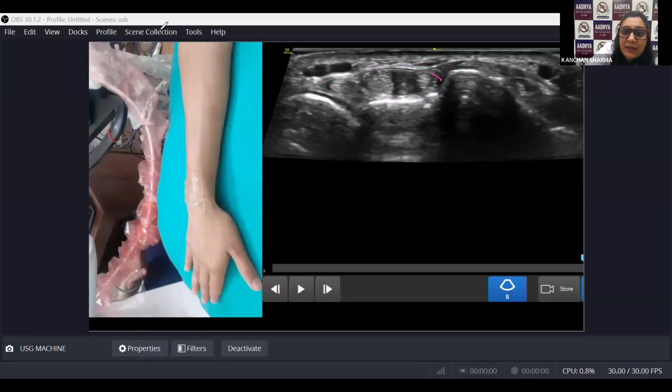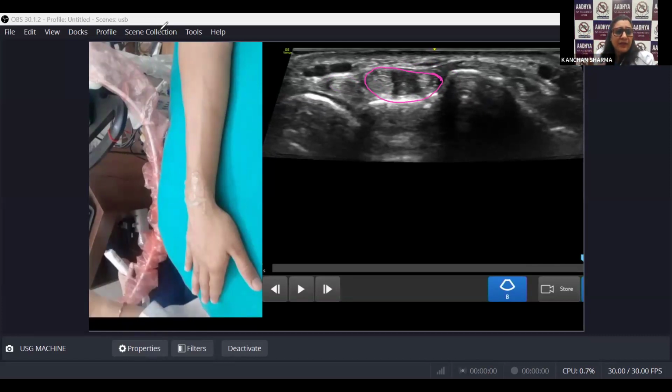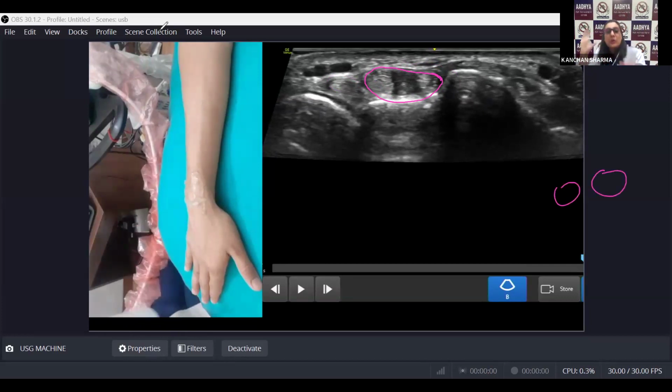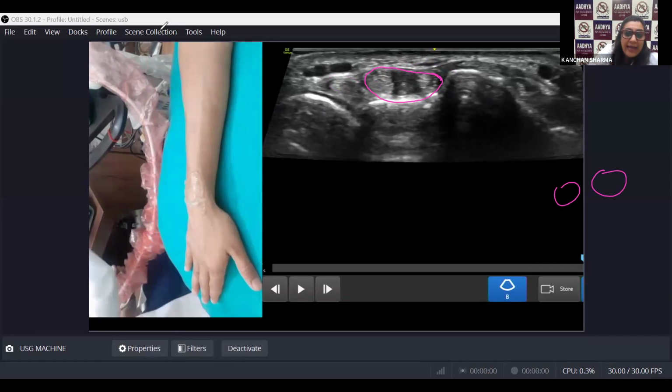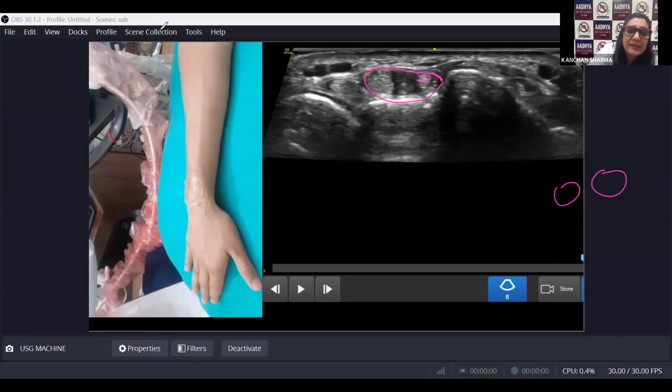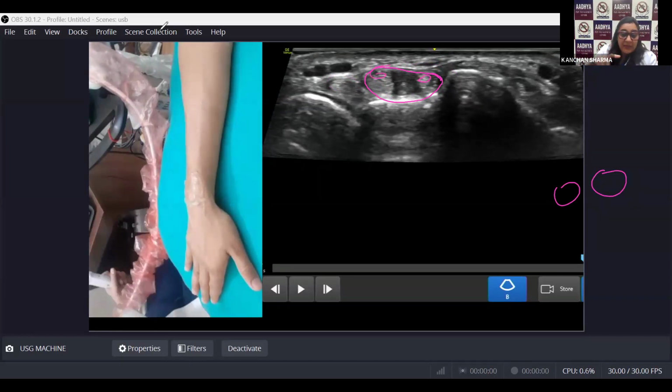The fourth compartment is the easiest compartment to identify. Why? If you see all the tendons, they are all small, but this is such a huge one. And this tendon will be having small slips of tendons within it. See, you are having the slips here.